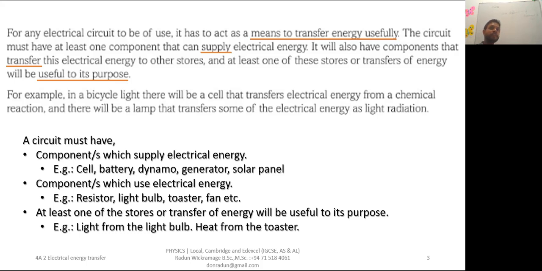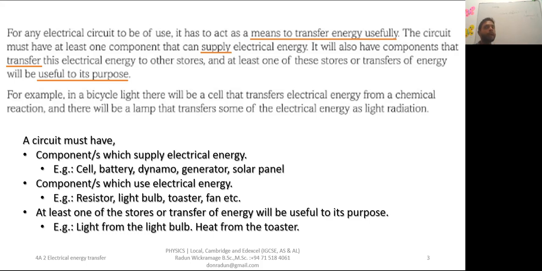You can think of the other form of energy which is associated with the component. Sometimes it is taking some other source of energy into electrical energy. That is a supply. But some of them are using electrical energy and transferring that into some other form. So these two forms are always there.